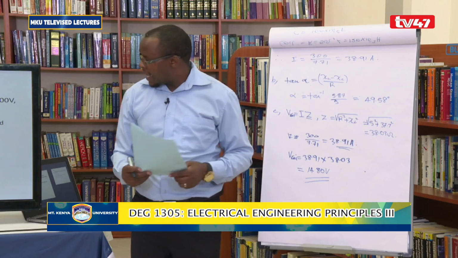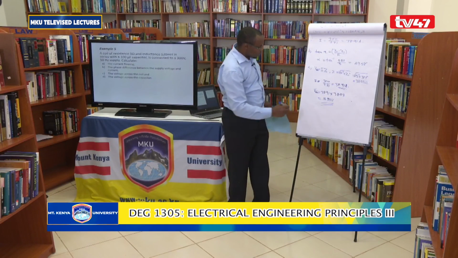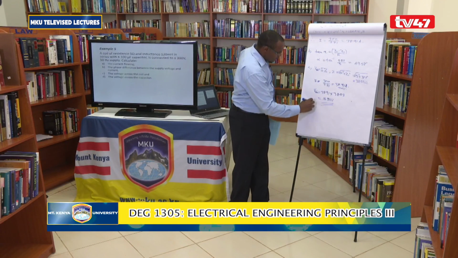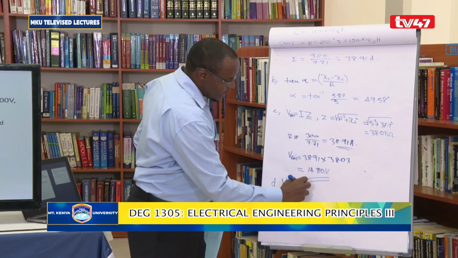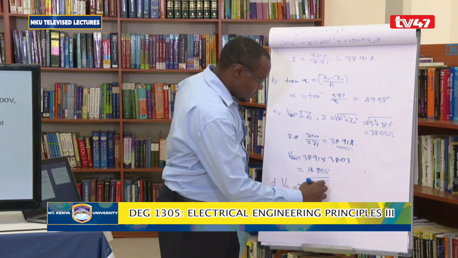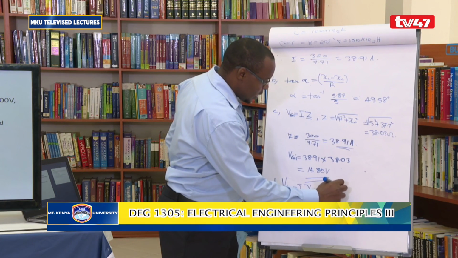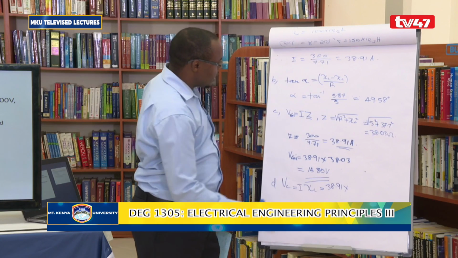So you are going to get that as the answer, and then the voltage across the capacitor. Here, part D, you get the voltage across the capacitor. Simply you get the current times the reactance of the capacitor, and this is going to be 38.91 times the reactance of the capacitor.